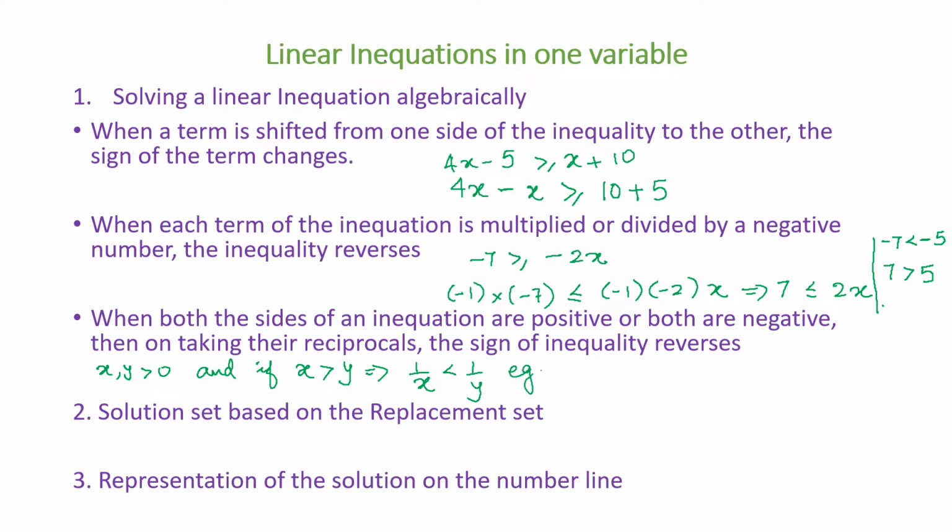Example is like this: suppose I have 7 and 5, you know 7 is greater than 5. But when I take the reciprocal, 1 by 7 is going to be less than 1 by 5.